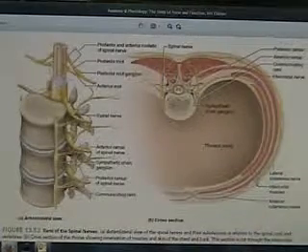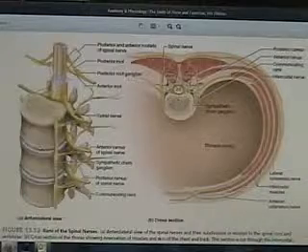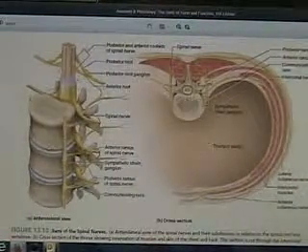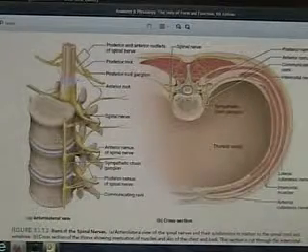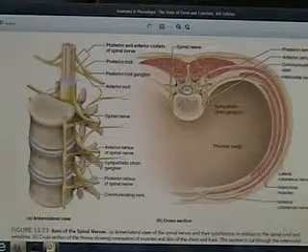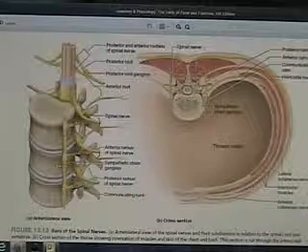Another picture. And you can see how, I know we don't talk about pathology in this particular class, but you could see how, right here, if you have this intervertebral disc, this cartilage here, if it protrudes out, you could see how it can cause pain.